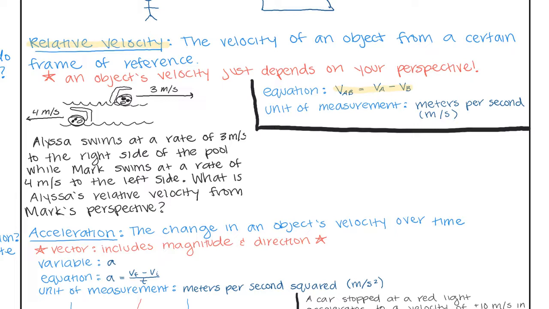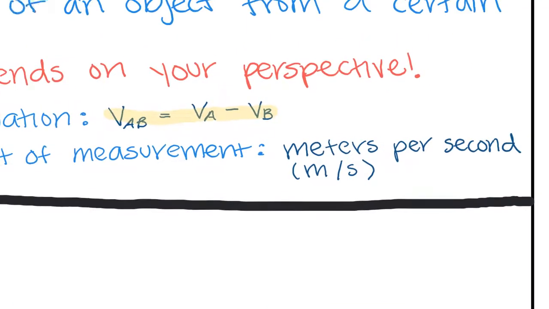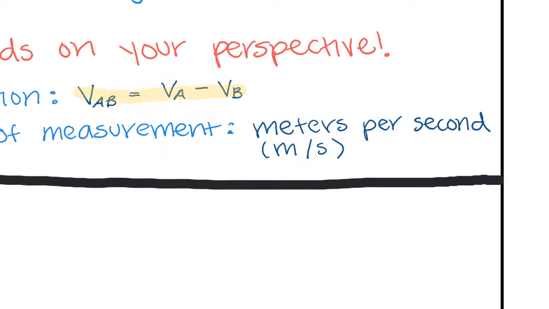So let's talk about this equation a little bit more. And I'm going to zoom in here so we can talk about this. So VA, VB, VAB, what does that mean? So let's say that we're taking it back to the car example, and you are looking at, let's let VA be the car.